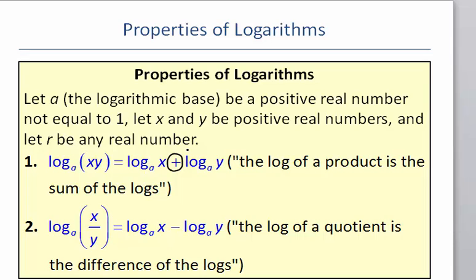We also have a property that says log base a of x divided by y is equal to log base a of x minus log base a of y. So in this case, we're saying that if we have a fraction, we can break up the top of the fraction from the bottom of the fraction as long as we put a subtraction sign in between.